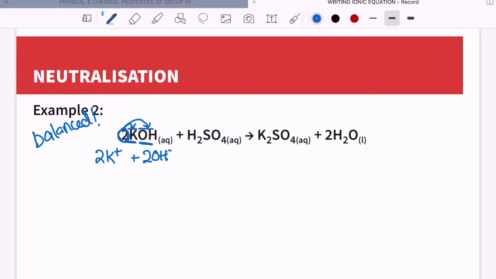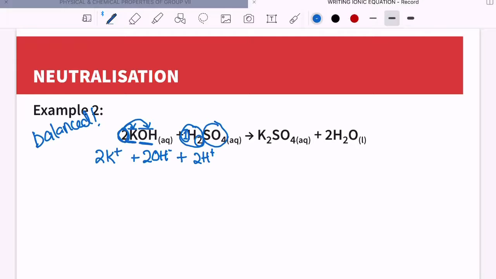Please remember that the coefficient in front of the sulfuric acid is 1. If we focus on the H, 1 times the 2 of this H is 2H+. So there are 2 hydrogen ions in sulfuric acid. Next is the sulfate ion.